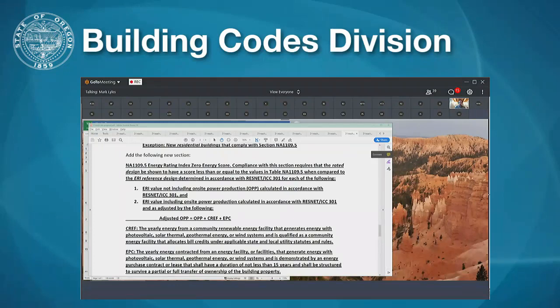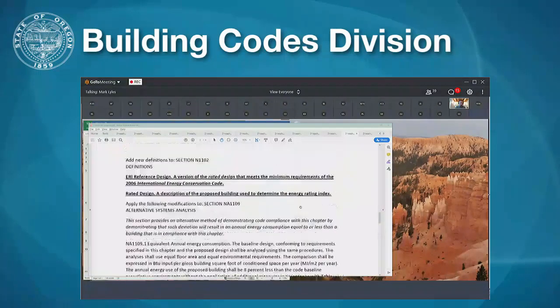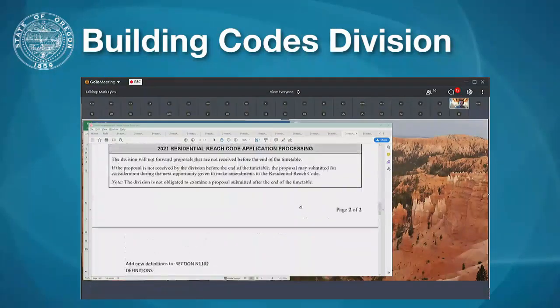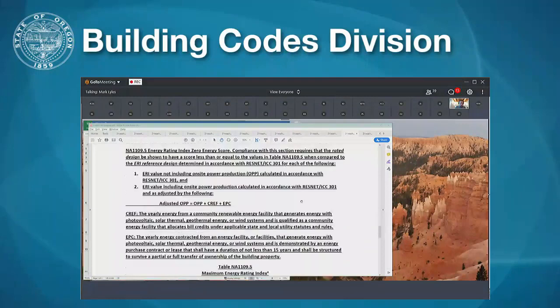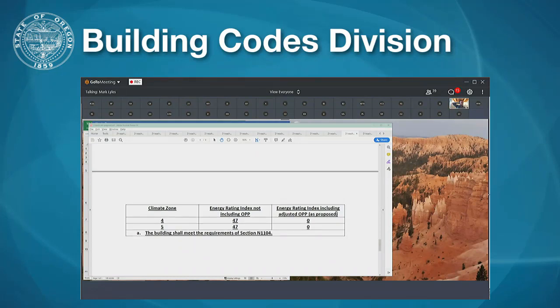Oh, and I'll just also quickly, Mark, if you scroll up a little bit to the table with the ERI scores. No, further down. So the footnote here: the building shall meet the requirements of section. So that basically is using the envelope requirements of the REACH code as a backstop.